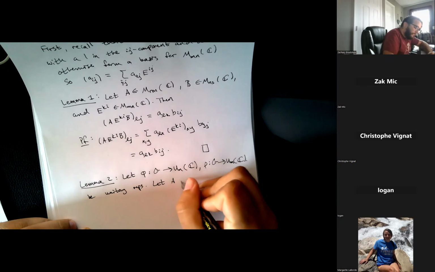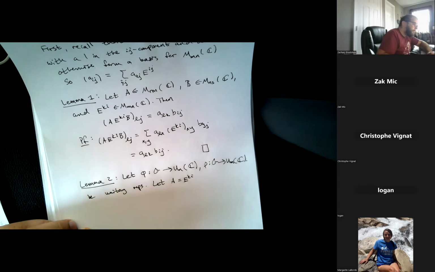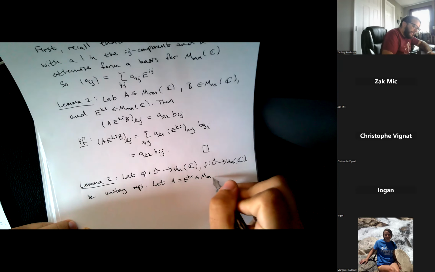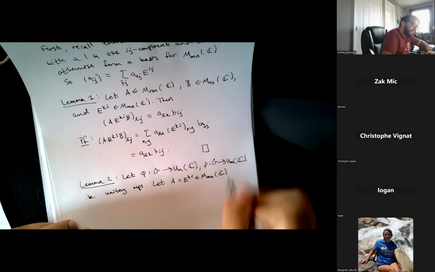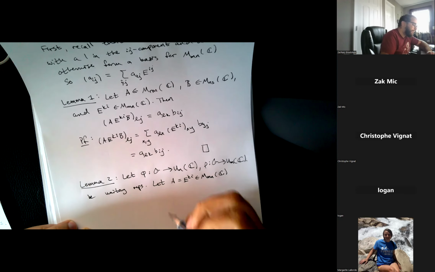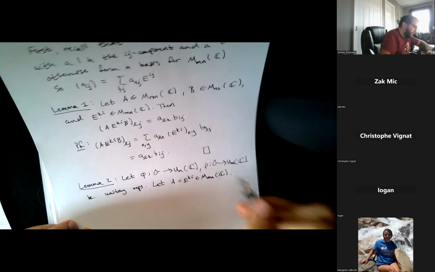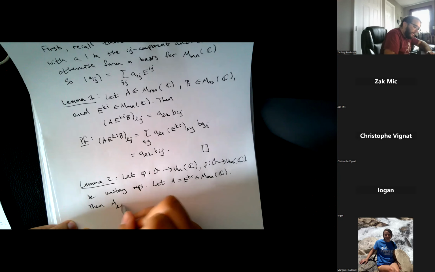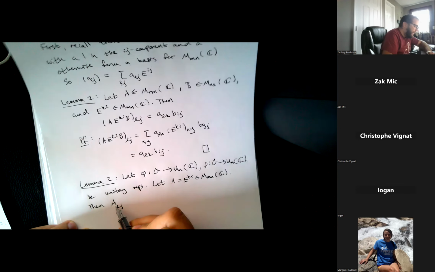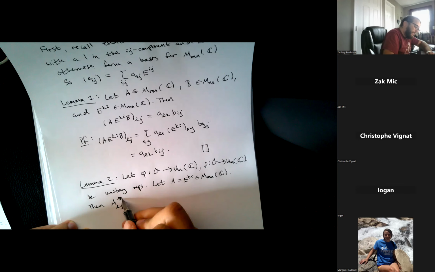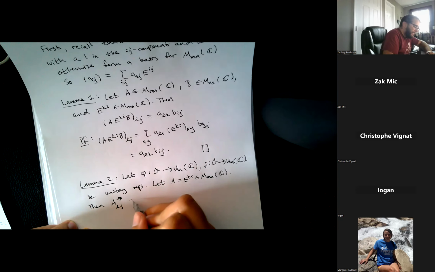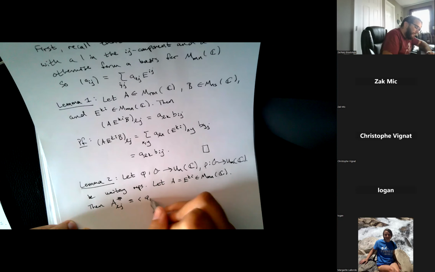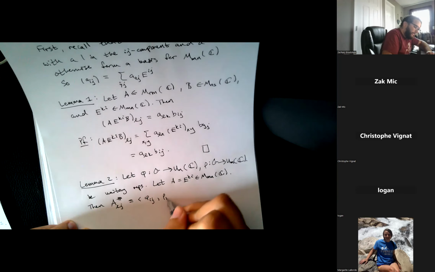Let A be one of these basis matrices, which sits inside of M_{m×n}(C), the space of all complex matrices that are m by n. Well then, the LJ component of A sharp, so the twirl of that, is equal to the inner product of phi_ij with rho_kl.